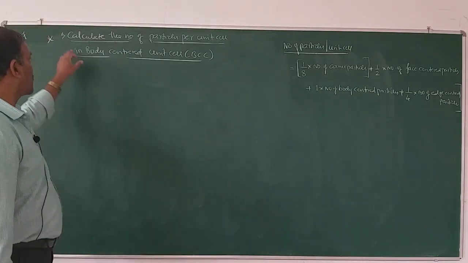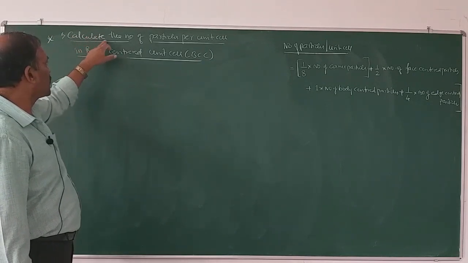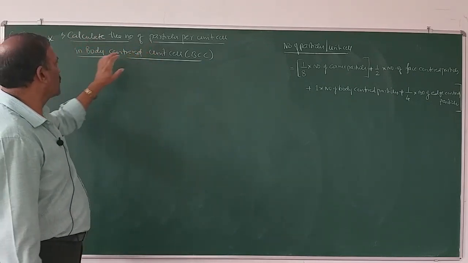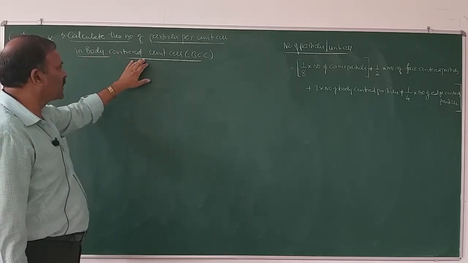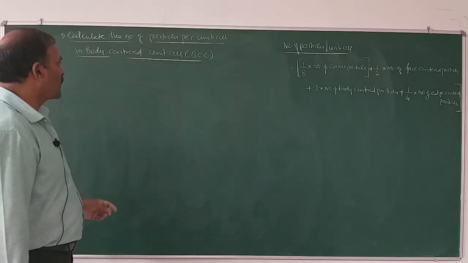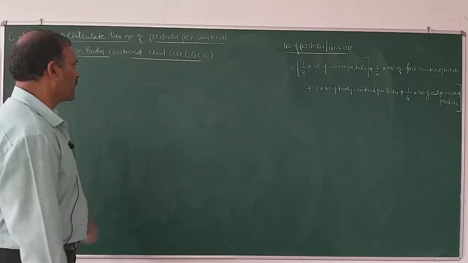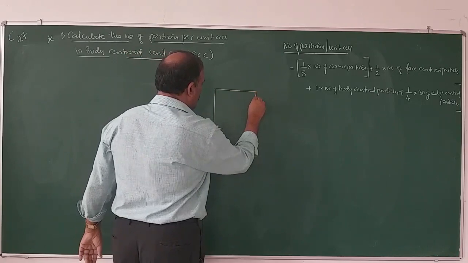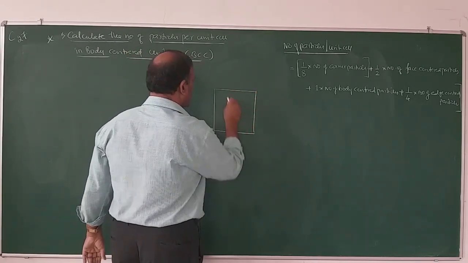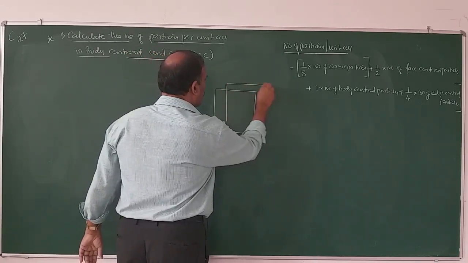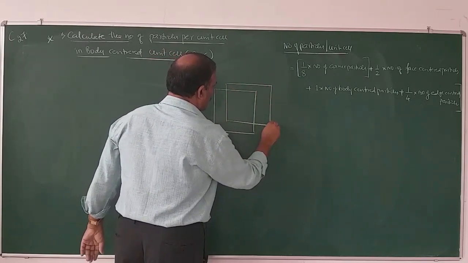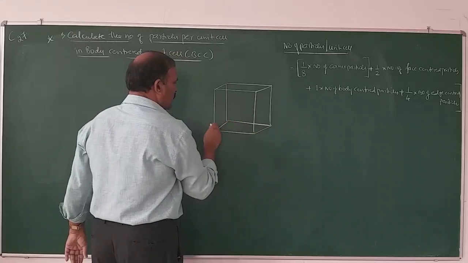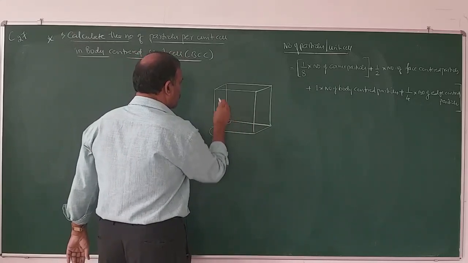So, now let us calculate the number of particles per unit cell in body centered cubic unit cell. In body centered cubic unit cell, where are the points? Points are present at the corners.